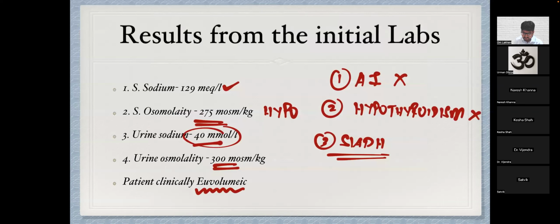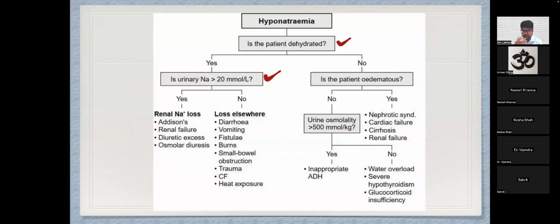So the patient is losing sodium despite being dehydrated, and continues to lose sodium, because in a normal situation, if there is dehydration, the sodium should be retained. But in this case, the patient is losing sodium. Again, you should think of adrenal insufficiency. Otherwise, if the urinary sodium is not more than 20, you think of the other causes of sodium loss, dehydration and hyponatremia, that is diarrhea, vomiting, etc.